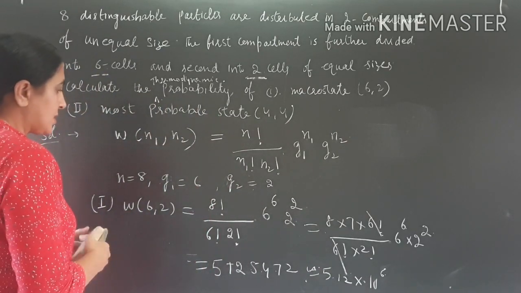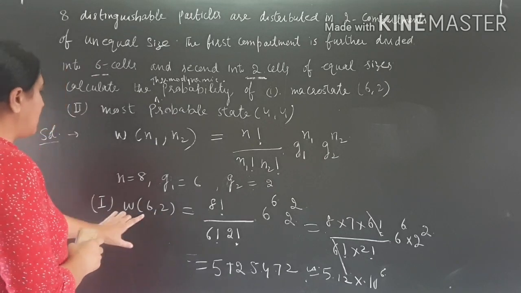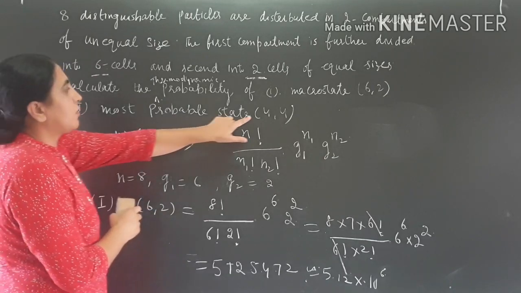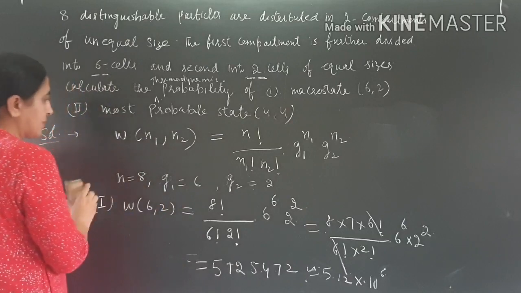So this is about W(6,2). Now we have to find out the probability for the most probable state.